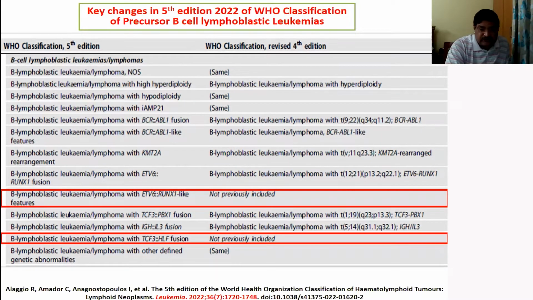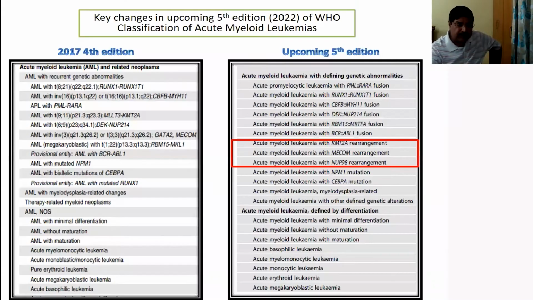So the classification is not very different from the fourth edition. Minor changes have happened, and the Ph-like ALL has found a definitive place in the classification. Why it is so, I will come to that later, because it has distinct prognostic implications and therapeutic connotations.